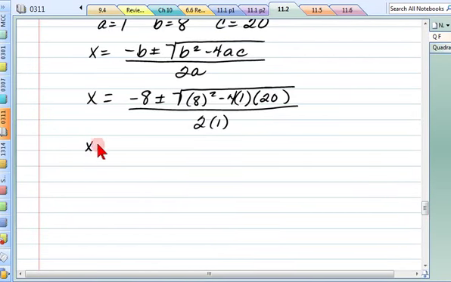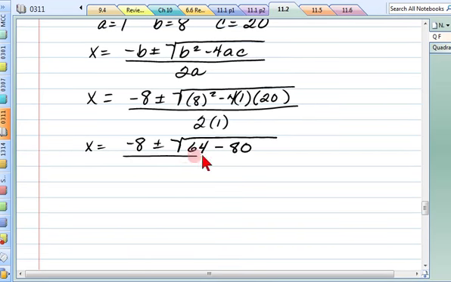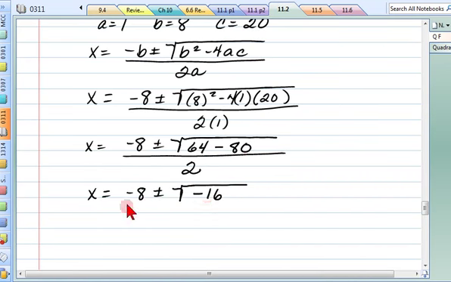That's going to give me x is equal to negative 8 plus or minus the square root of 64 minus 80 all over 2. X is equal to negative 8 plus or minus the square root of, what's 16 minus 80? Negative 16, and that's over 2. This time the radicand is negative.